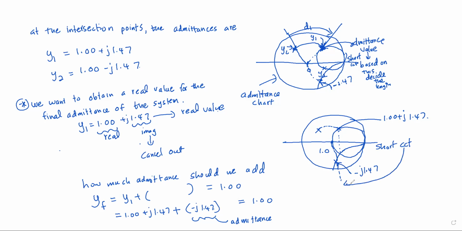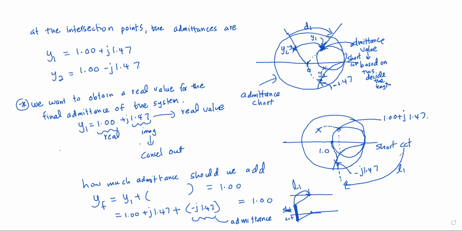We are assuming that we are doing a short circuit stub. So if you are doing a short circuit stub, then the distance from that short circuit point to this point in the transmission line is what we are trying to find. So this is the short circuit point, and from that point up to this point we are trying to find the distance. So this length is what we get from the Smith chart.